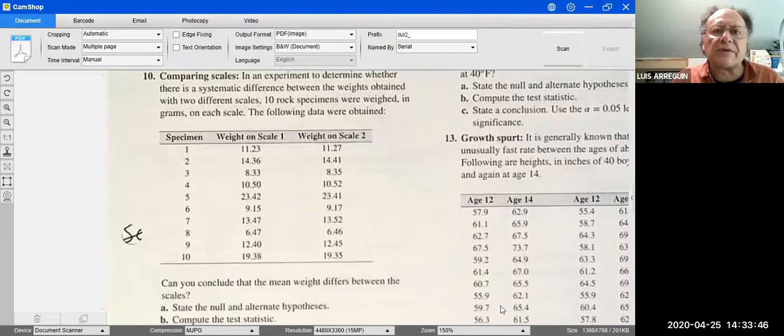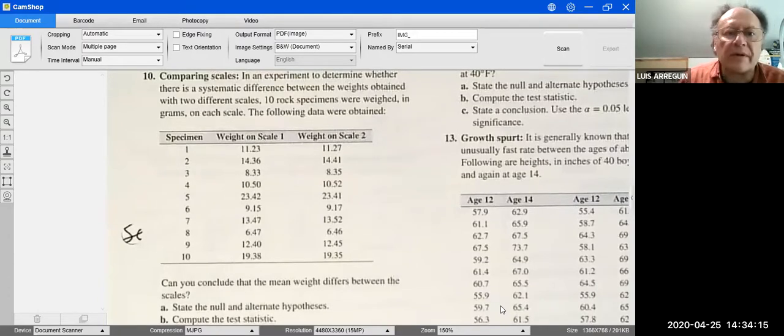So it's an experiment to determine whether there is a systematic difference between the weights obtained with two different scales. So 10 rocks were weighed. So you are using the same individuals. You use a rock in one scale, then you weigh the rock in the other scale. So you essentially have the same individual before and after switching scales.